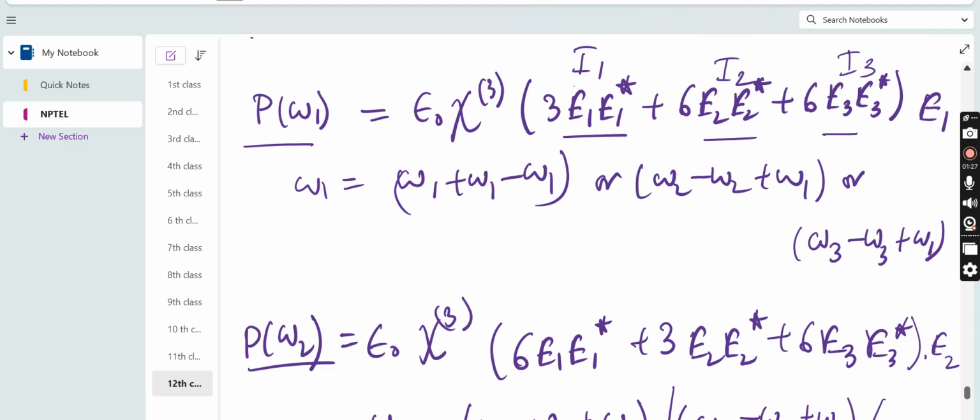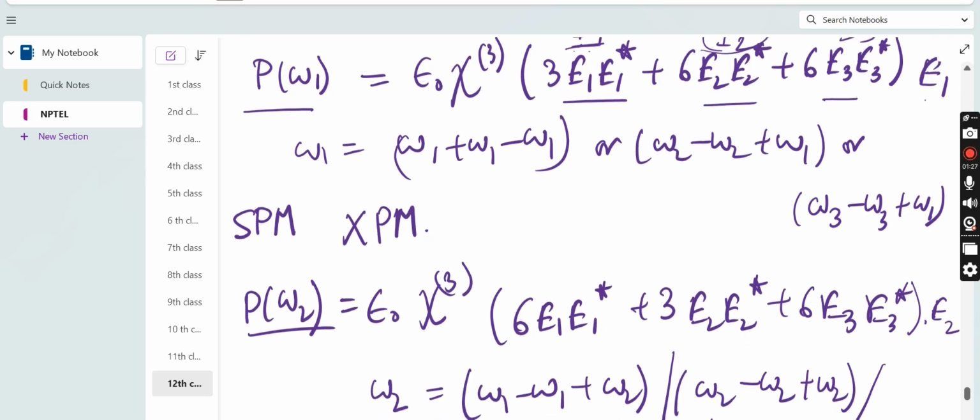So the intensity, this term is the intensity of field 1. So the field is modified by its own intensity. That is called self phase modulation. But this is I2. So I2 is modifying E1 also. That is cross phase modulation.